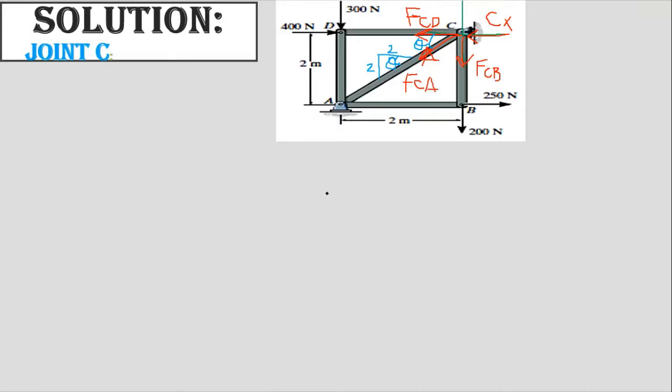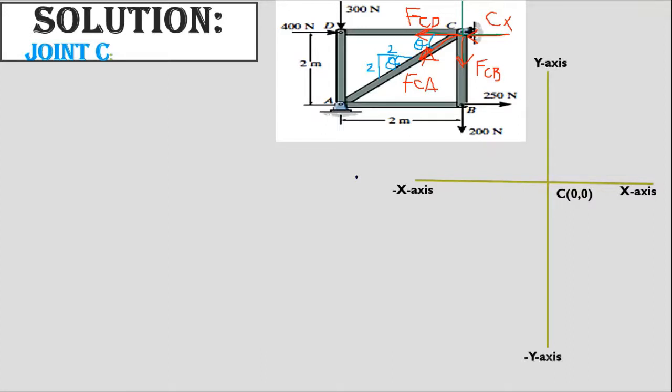So I am moving towards making the free body diagram of joint C. You can see here, this is joint C, and how many forces are acting here? Let me show you. Positive x-axis, negative x-axis, positive y-axis, negative y-axis, and there is one support reaction CX, its direction is towards the minus x-axis, so it should be minus CX equals 600 Newton.